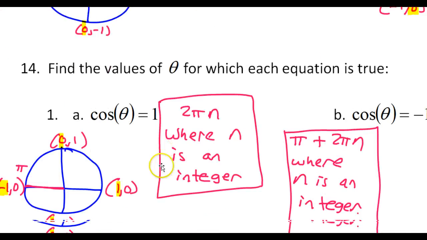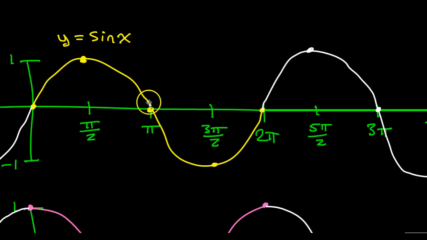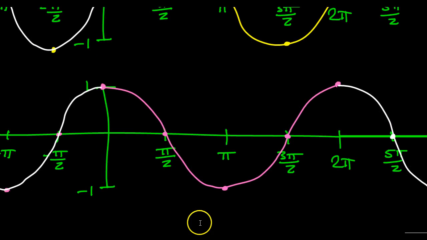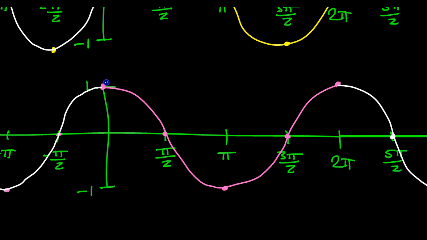But again, real quick, looking at number 14, if I wanted to talk about what angle gives me a cosine value of 1, we could look at the graph. And so where is it going to be equal to 1, you say? Well, it's going to be equal to 1 here at the top. Okay, so that's 0.